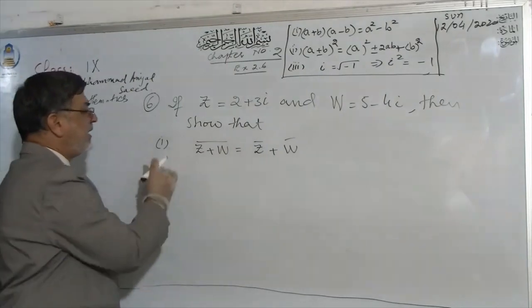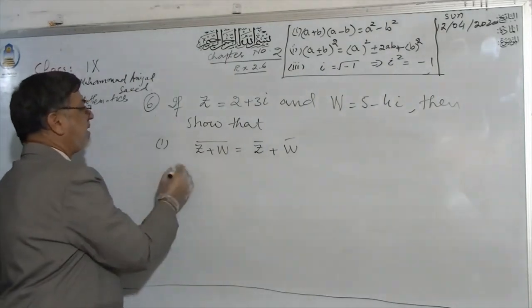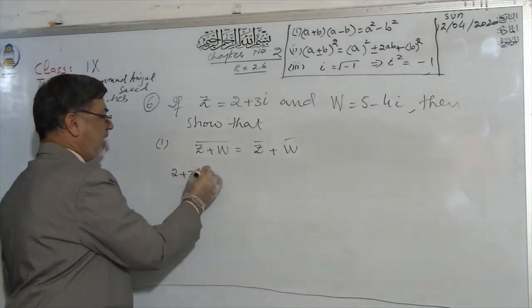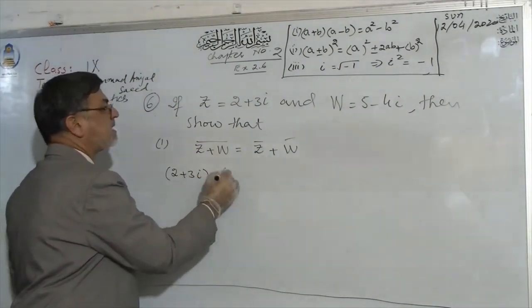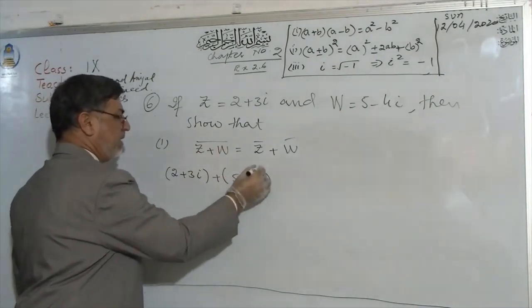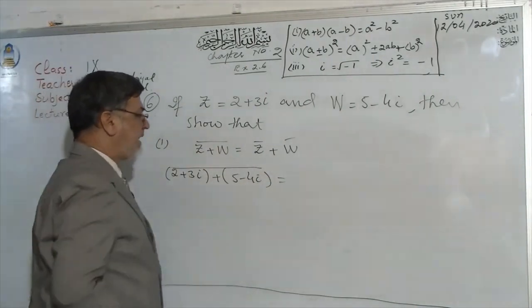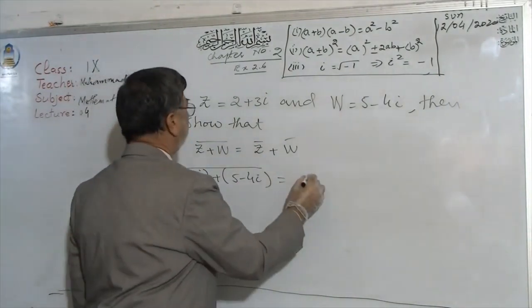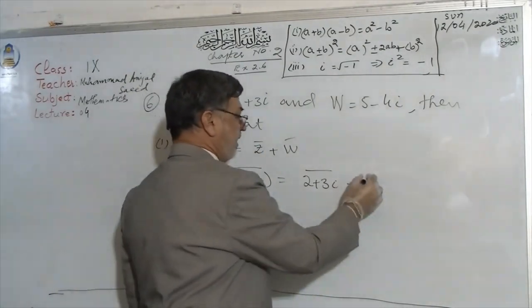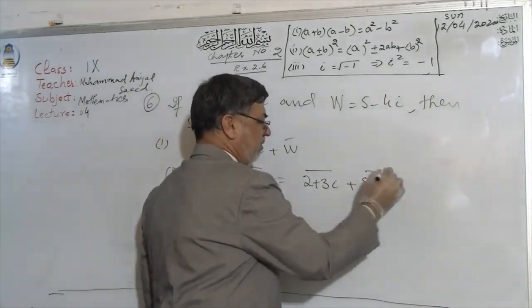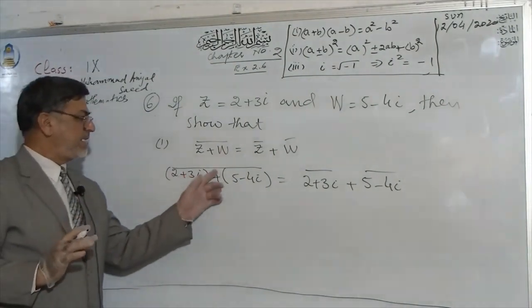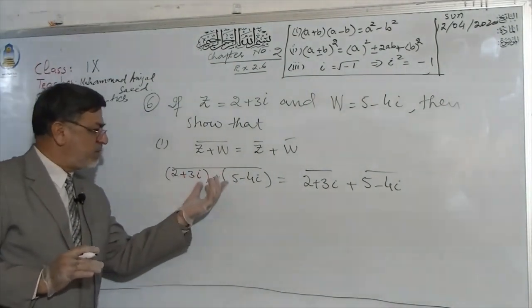Now using values in the left hand side, what will be z? 2 plus 3 iota plus w, which is 5 minus 4 iota, whole bar is equal to z bar, 2 plus 3 iota bar, and 5 minus 4 iota whole bar. Remember that this is the bar on both terms.